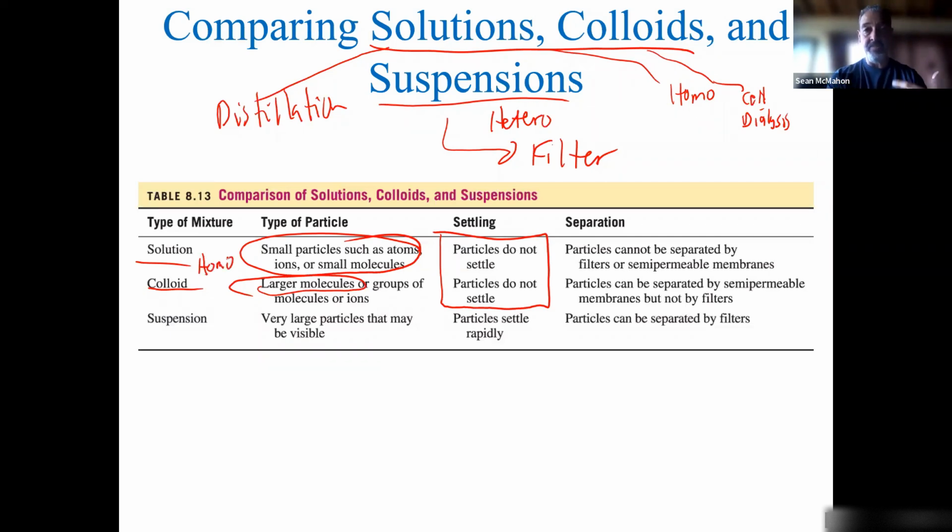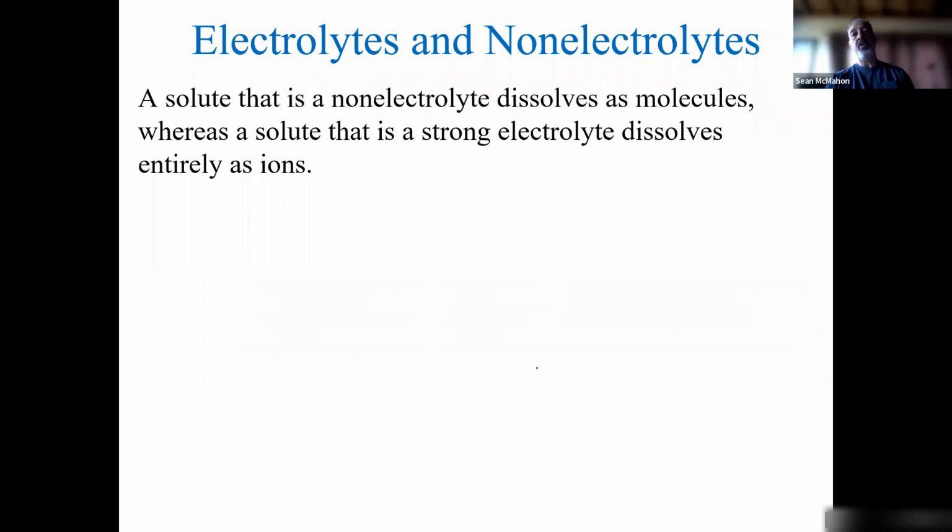They are evenly distributed. Now with suspensions, since the particles are so large, you can actually see them, and these rapidly settle, okay? So this is an example of your heterogeneous, and this is why we can use filter paper, okay? So earlier, when we were talking about solution chemistry, we brought up electrolytes and non-electrolytes.